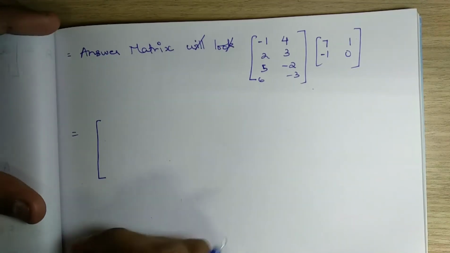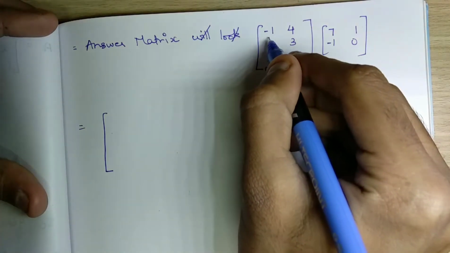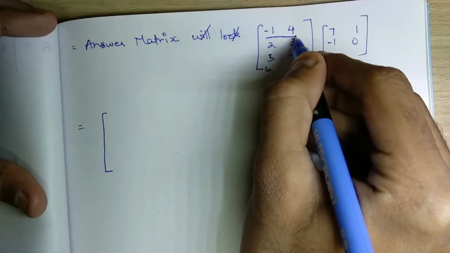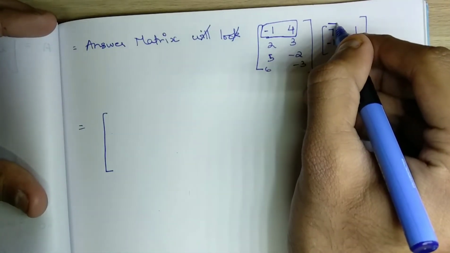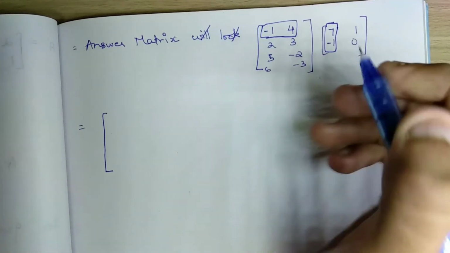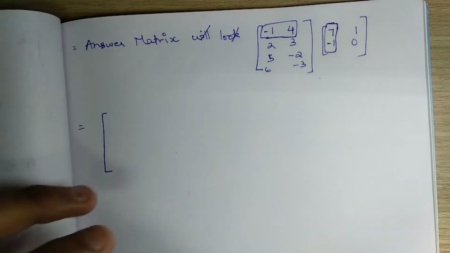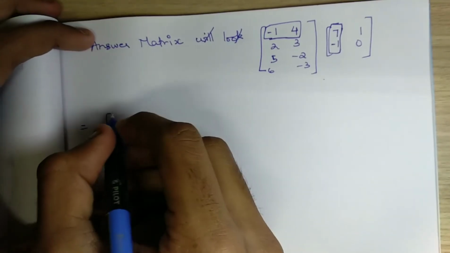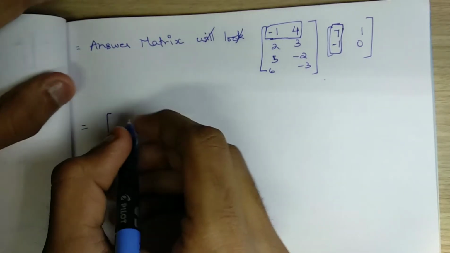As we did earlier, we multiply elements along the first row of matrix A with corresponding elements down the first column of matrix B, and then add the results, and this would give us what we need to put in the first row, first column position. So let us see what happens.